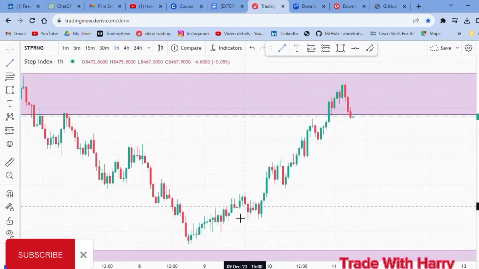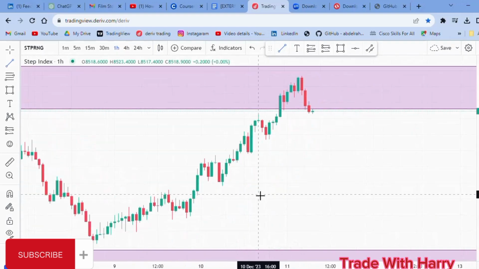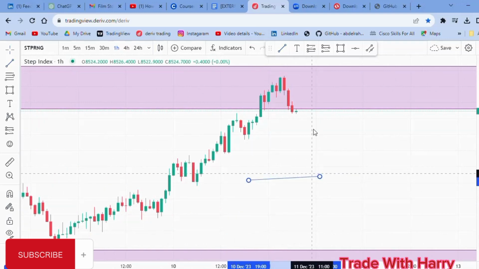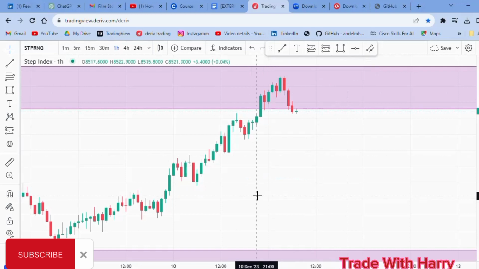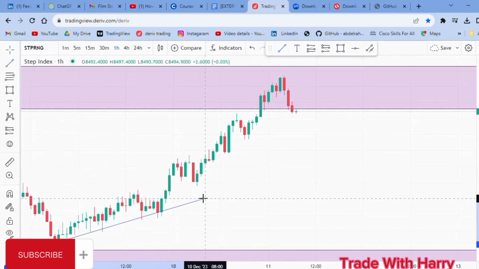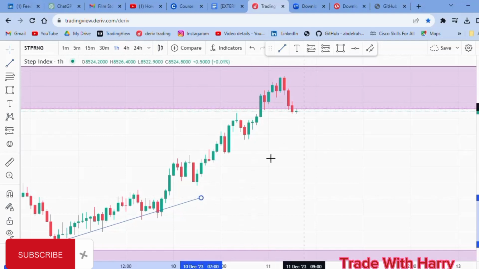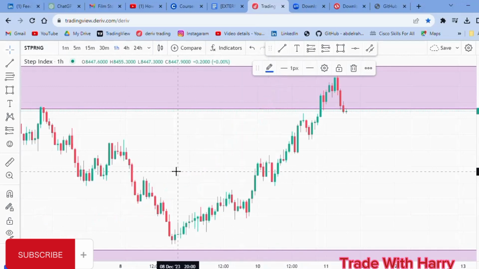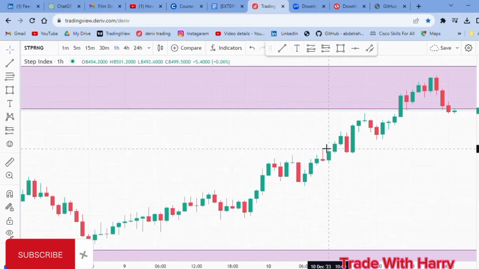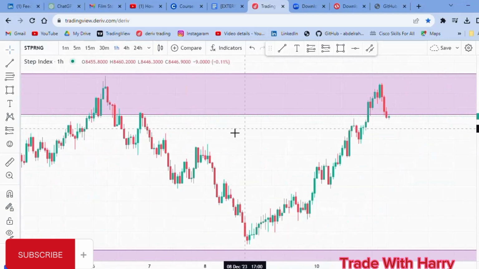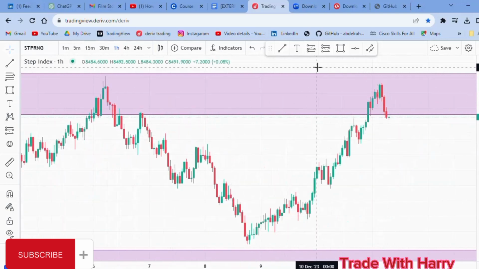This thing here actually respected. Can see the candle movement. This one is bullish engulfing candle.